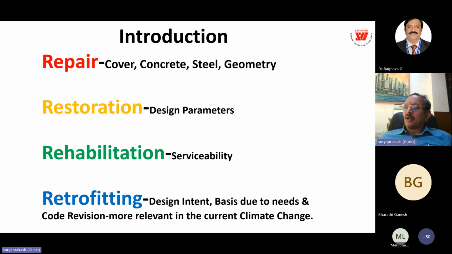So retrofitting is more relevant. Good engineering will avoid repair, restoration, and rehabilitation, but even then retrofitting is required to rehabilitate the structure for the revised design basis or design intent actually. So this is the overall topic encapsulation I have done here.